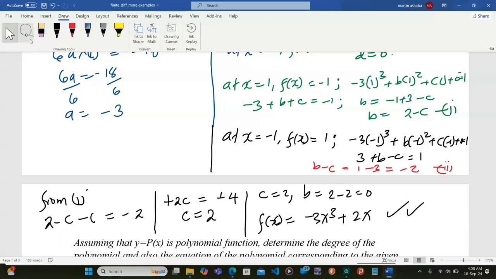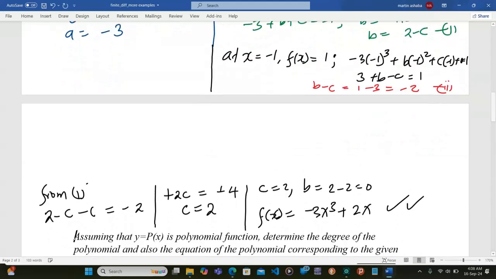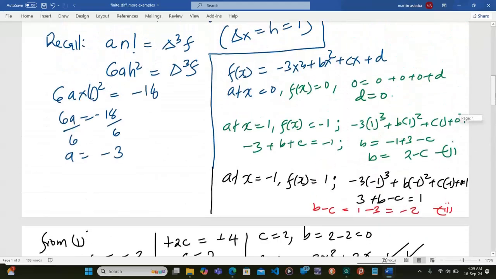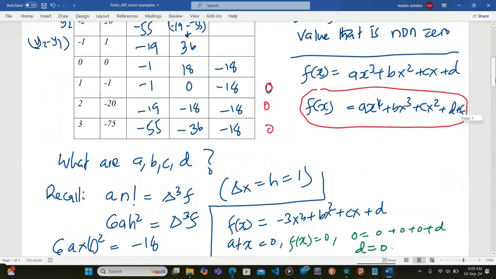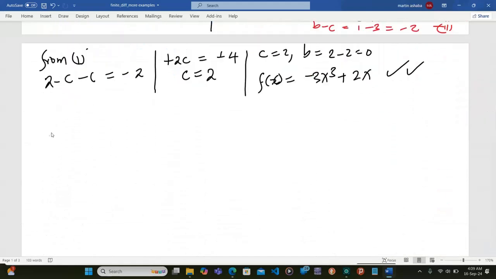If you want to test it, you can test it by putting in values that we have not used. For example, at x is equal to 2, f of x is equal to negative 20. So let us test our polynomial. f of 2, what is it going to be? We have negative 3 into 2 cubed plus 2 into 2.